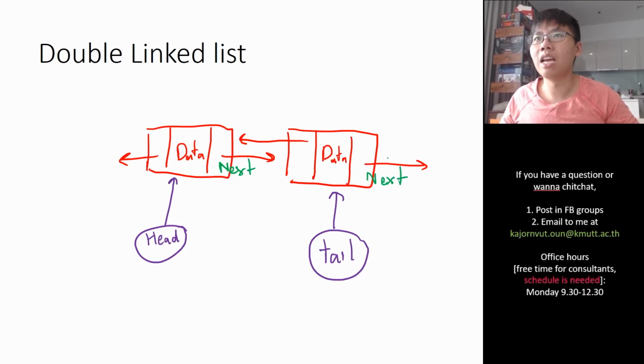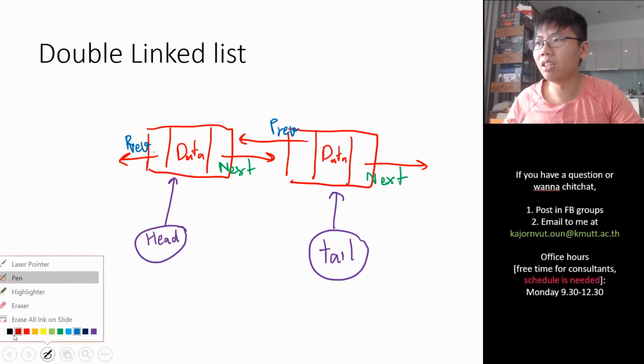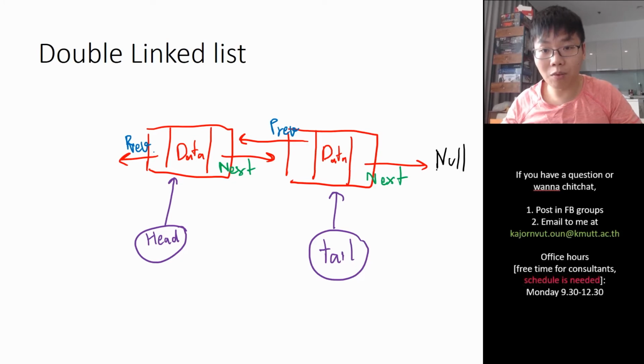However, every single pointer that points from the tail direction to the head direction, we're going to call the previous pointer. And by this structure, you can see that the next pointer of the last node has to be null, right? In the same way, the previous pointer of the first node should also be null.